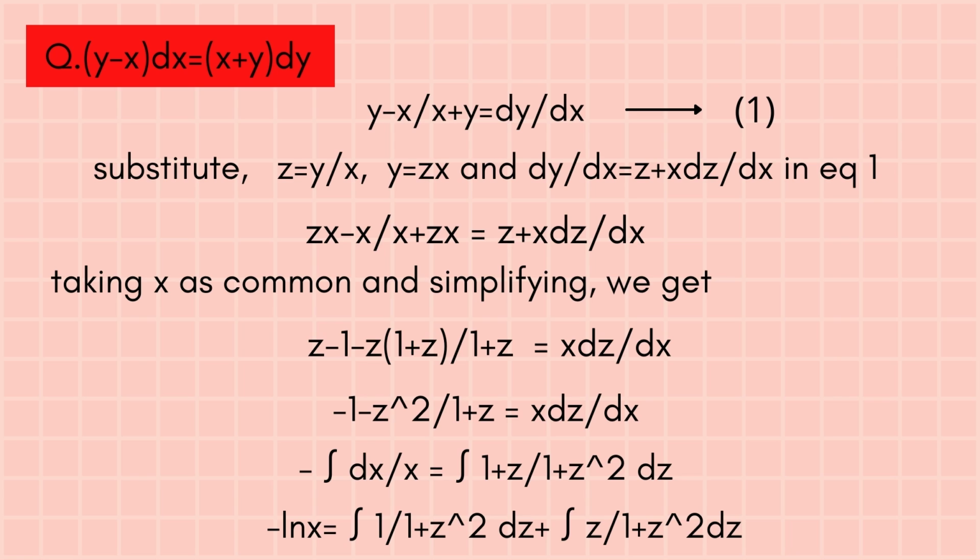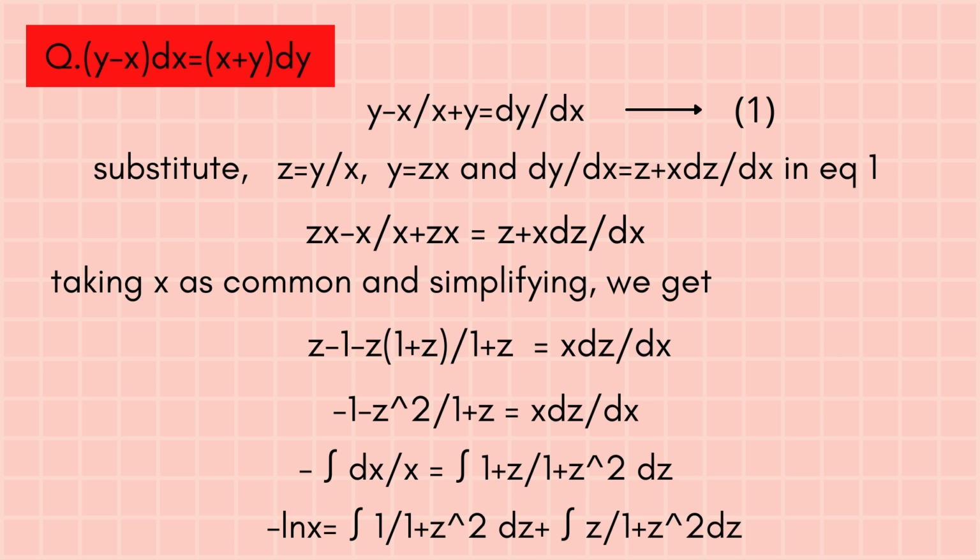We get zx minus x upon x plus zx is equal to z plus x dz upon dx. Taking x as common and simplifying, we get z minus 1 minus z into 1 plus z upon 1 plus z is equal to x dz upon dx, which is minus 1 minus z square upon 1 plus z is equal to x dz upon dx.